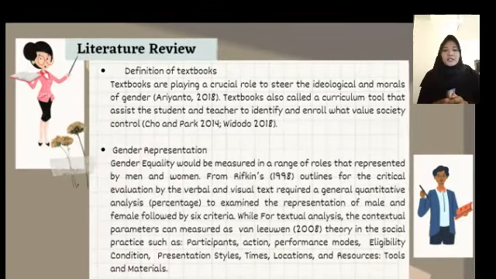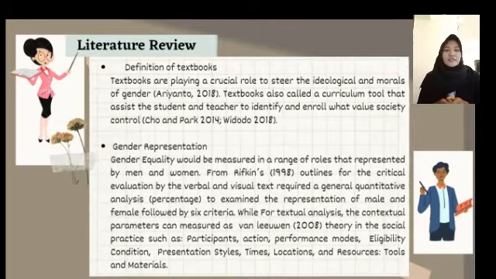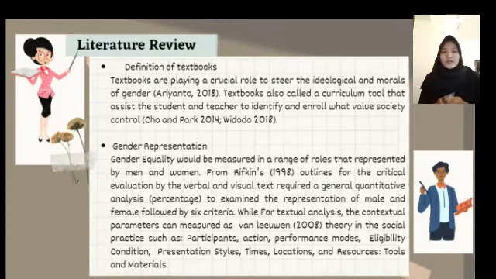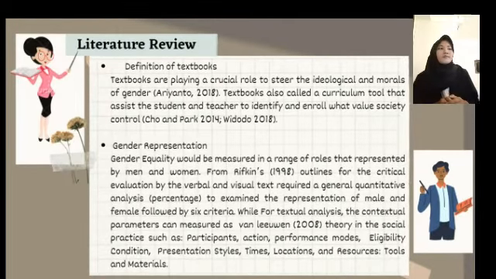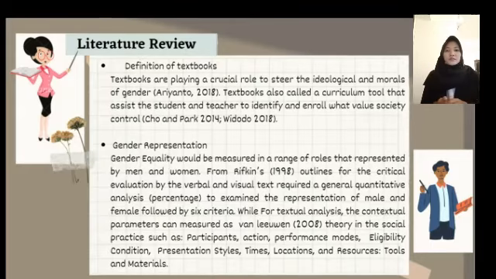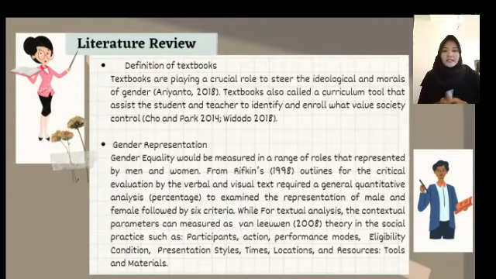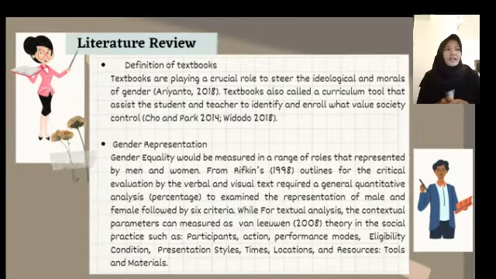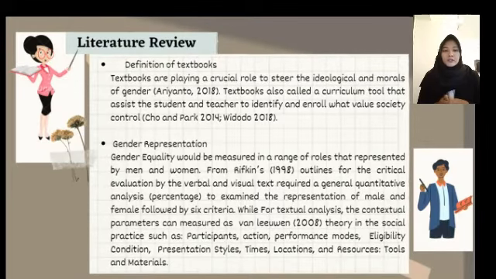The definition of the textbook: textbooks play a crucial role in steering the ideological and moral aspects of gender. A textbook is also called a curriculum document or curriculum tool to assist students and teachers to identify and enroll what values society controls.